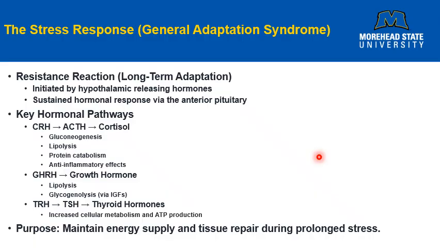It's all there to maintain your energy supply and also to prepare for whatever tissue repair might be needed during prolonged stress. Like I said, with prolonged stress you can develop sickness or disease. This can help maintain energy supply and tissue repair associated with that.